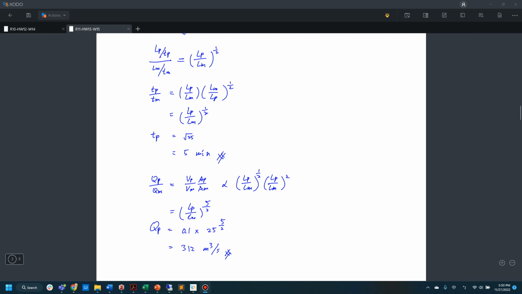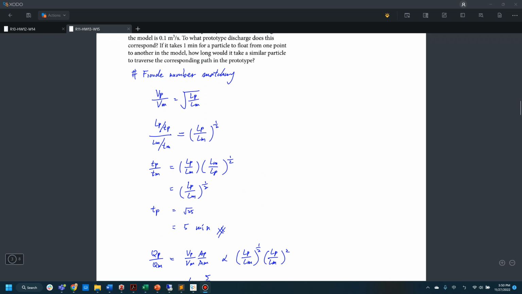So discharge is equal to the velocity times the area. And from the previous subproblem, we already know that the ratio of this velocity is equal to the square root of this LP divided by LM. So we have this first term here.